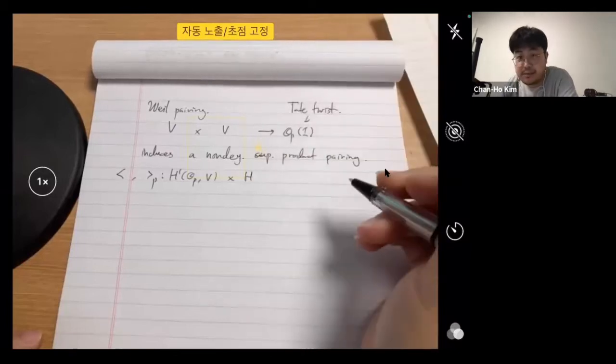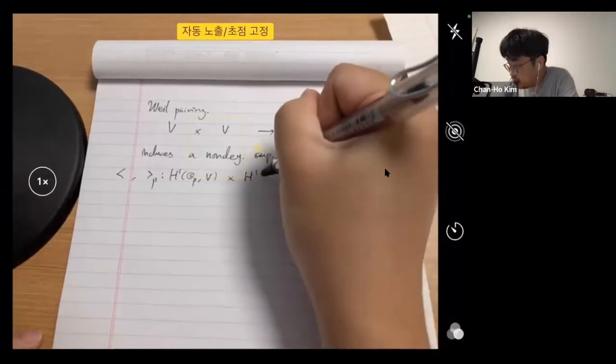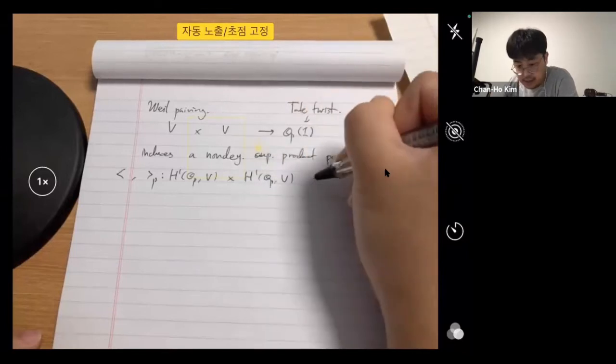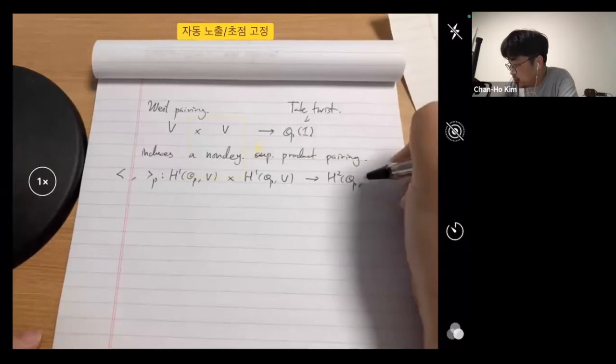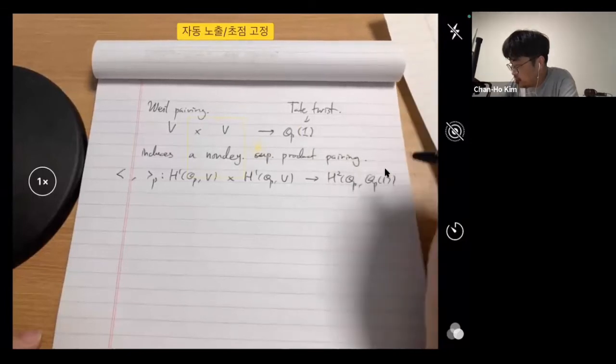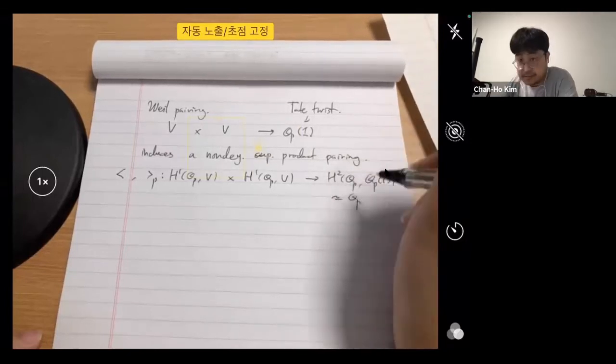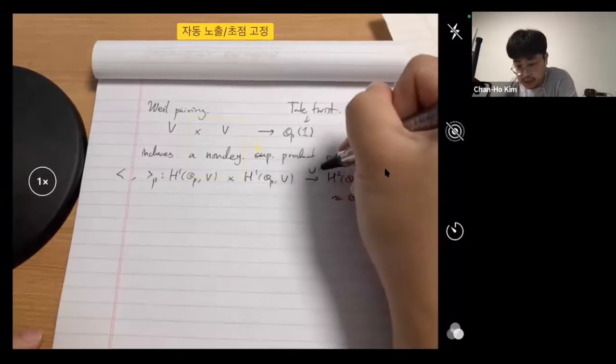H^1(Q_P, V) goes to H^2(Q_P, Q_P(1)), which is isomorphic to Q_P. And this is the cup product indeed.